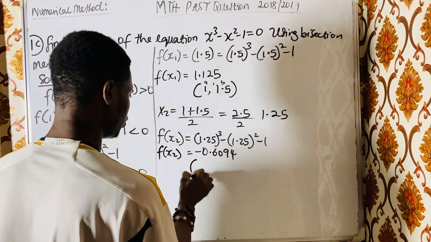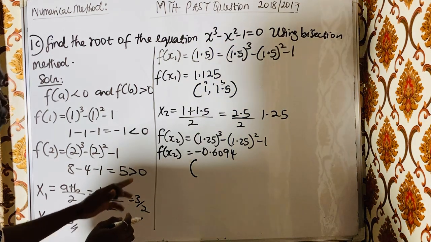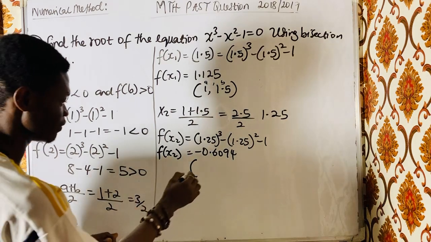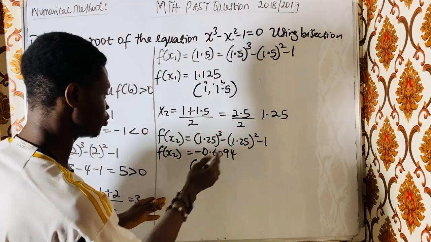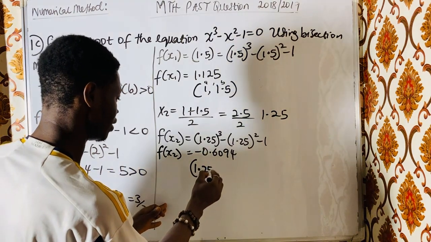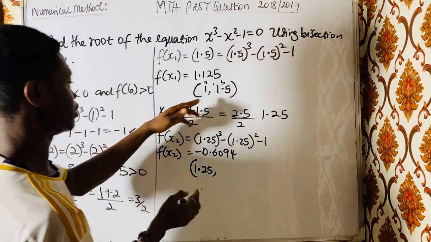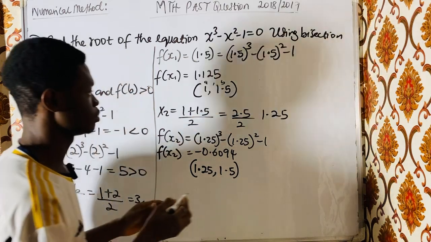Let's look for where the root lies. Where is it negative? When we put f of 1.25, it gave us negative. So we replace 1.5's partner with 1.25, and the interval is 1.25 comma 1.5. We still retain 1.5 because it's positive.